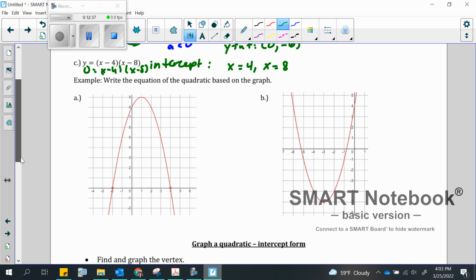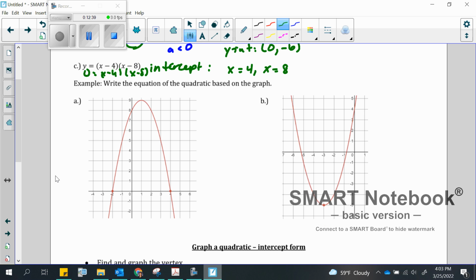Okay, so before we get quickly into graphing, because I want to keep this video as short as possible, you want to write the equation of the quadratic based on the graph. Looking at this, we have a few different options on how we can write the equations. I'm going to pick the simplest form I can, so let's look at the vertex.